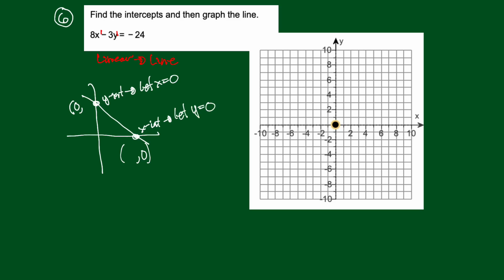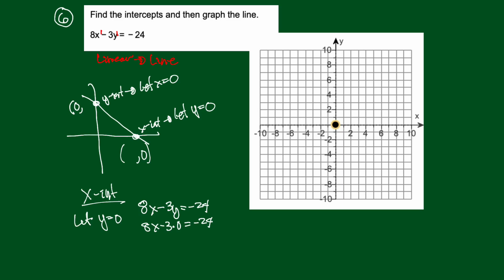So let's do that. Let's get the x-intercept first. If I let y equal 0, here's what I would get. 8x minus 3y equals negative 24. If I let y equal 0, I'll get 8x minus 3 times 0 is negative 24.